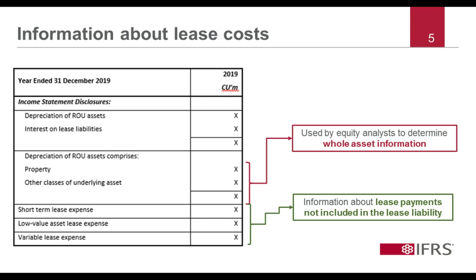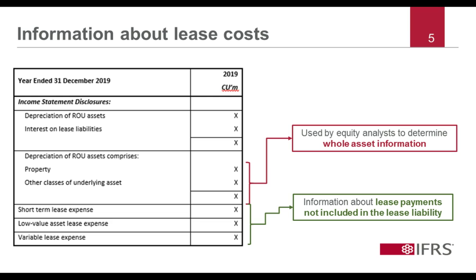If companies have to track the information for these disclosures, doesn't that defeat the object of having the exemptions in the first place? Well, it's a fair question, but the answer is no. It's important to note here that with respect to short-term and low-value asset leases, the only required disclosure relates to the income statement expense.